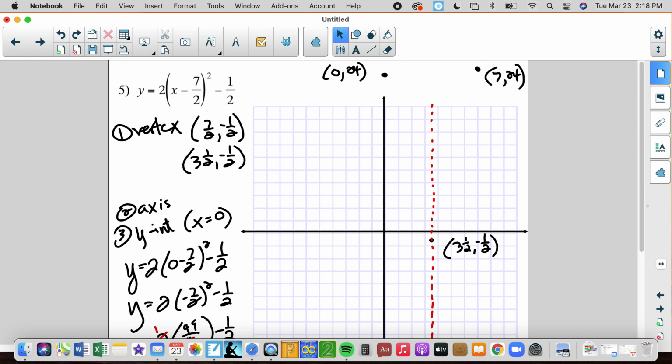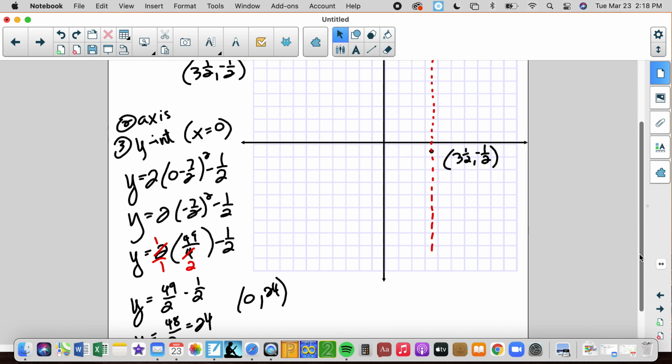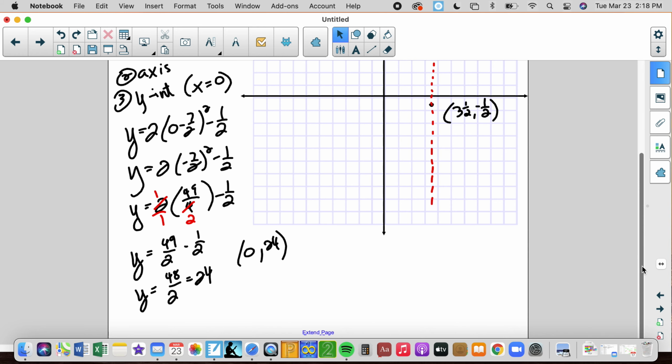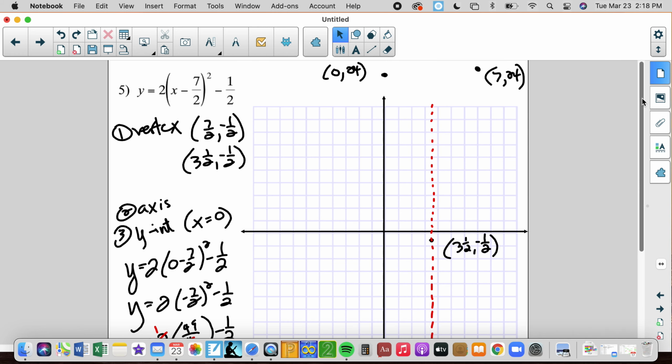And now I have to plug in a value. So what value is going to work for me? Well, I'm pretty sure that any value is going to work because we're squaring it. So let's just try it. I don't want to do 3. Let's do 2. Let's try 2.